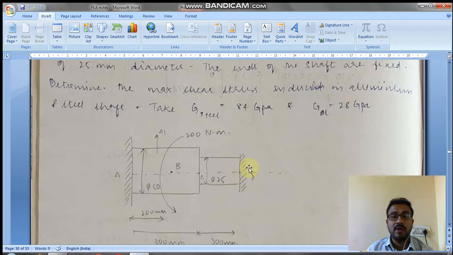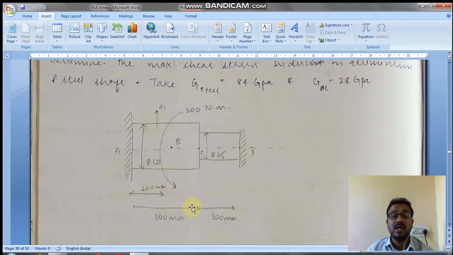So they asked us to find the maximum shear stress induced in this particular shaft. The torque applied is of magnitude 200 Newton meter, at a distance of 200 mm from the left end. The first aluminium section length is 300 mm and the second steel section length is 300 mm.